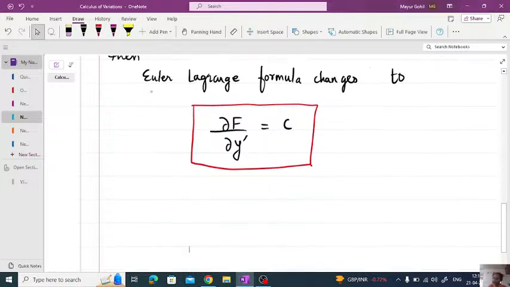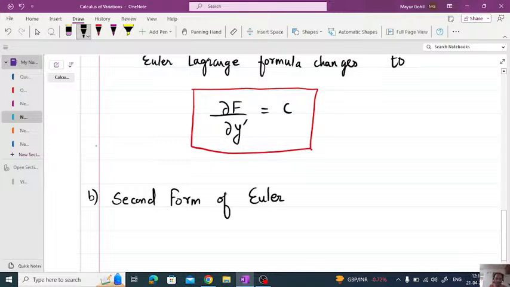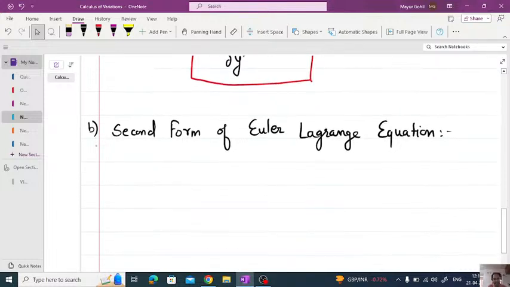Another version of the formula is like this. Now this is a slightly different version. Second form of the Euler equation. Here you write: second form of Euler-Lagrange equation. What is that format? Now this is written here in this way.